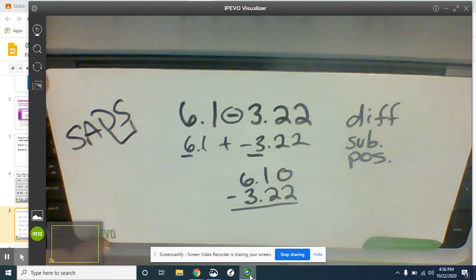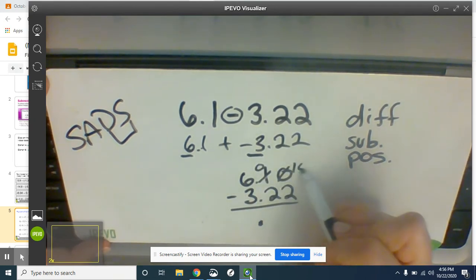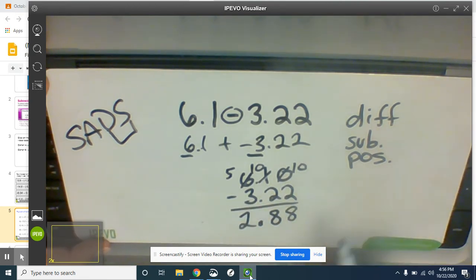Have to have that partner there. Bring down our decimal. I can't take 2 from nothing, so I got to borrow. 10 minus 2, 8. Can't take 2 from nothing because that's a 0 now, so I got to borrow again. Now that 0 becomes 10. 10 minus 2, 8. 5 minus 3, 2. And we said our answer was positive, so it's a positive 2 and 88 hundredths.